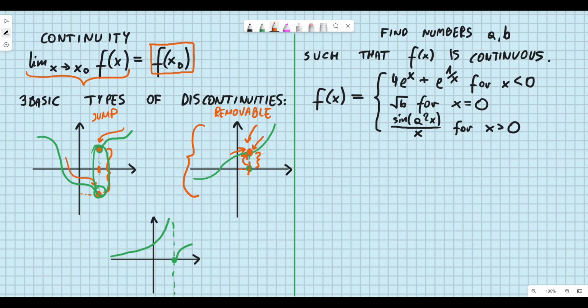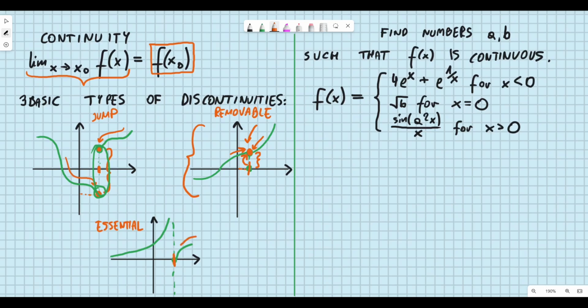We'll do one exercise soon. But there are of course also so-called essential discontinuities, also unremovable, happening when at the point of concern at least one of the one-sided limits does not exist. So not a wrong value, but it does not exist at all.